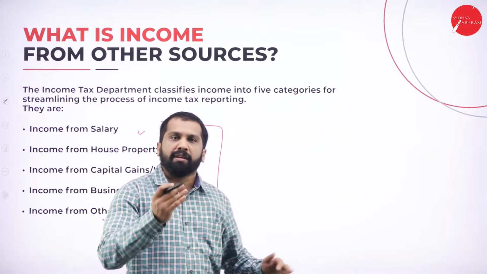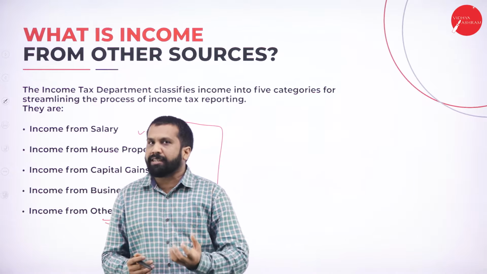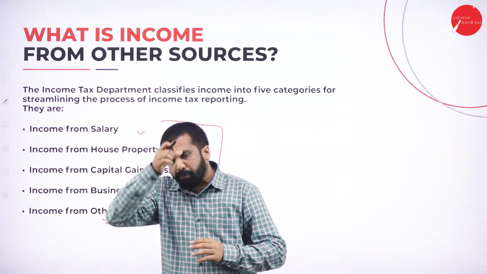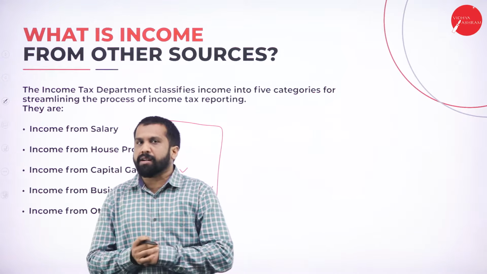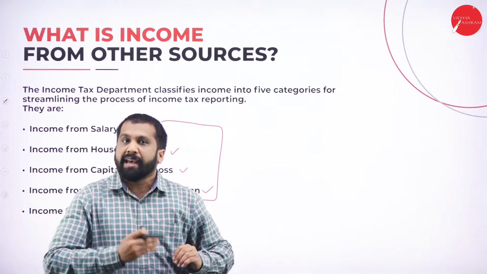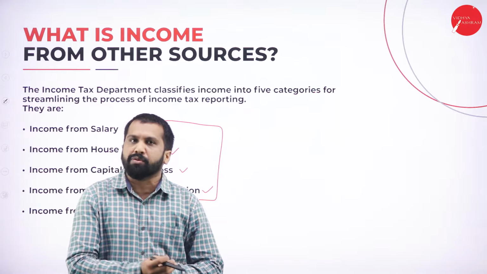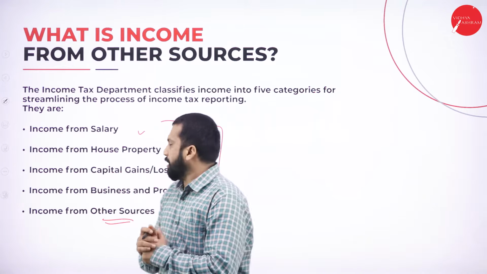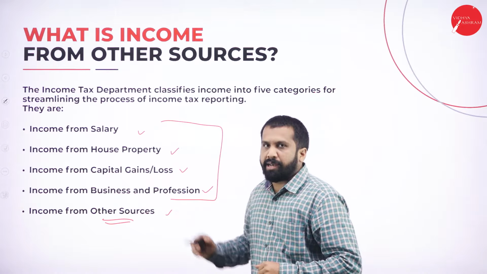And one more, you have 10 lakh with you. That 10 lakh you have deposited in a bank without your hard work, without your sweat, without any knowledge. Every month you will get around 2,000 or 3,000 as interest. That interest comes under income from other source.